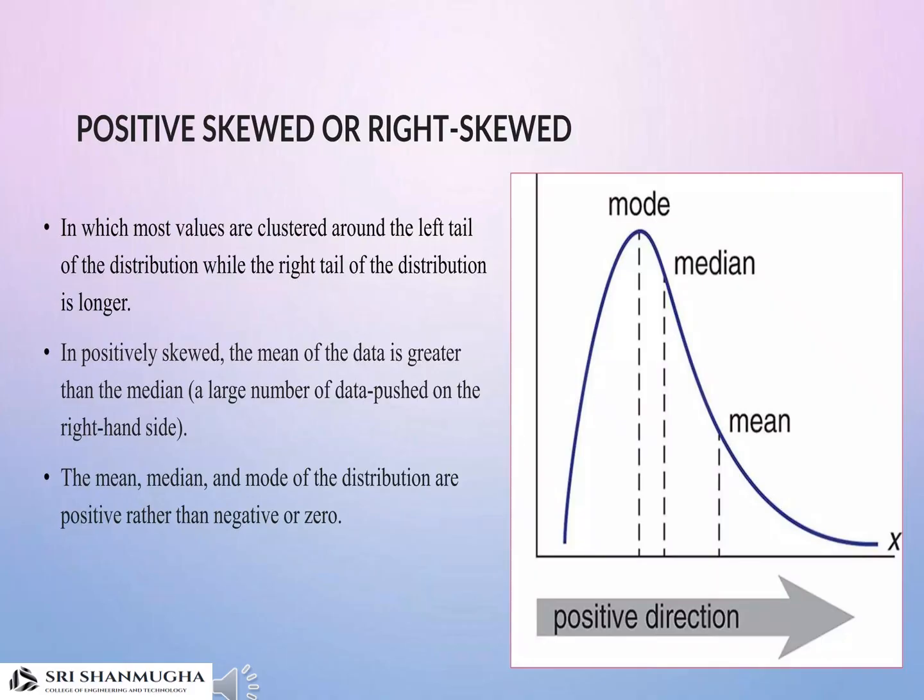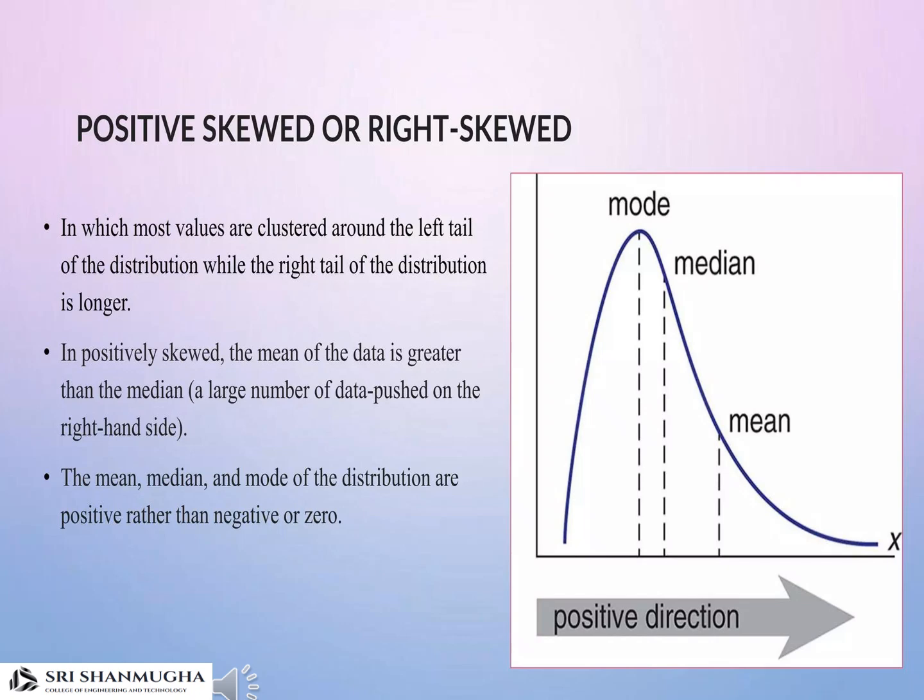The mean is sensitive to extreme values. A few large values on the right pull the mean upward, while the median stays closer to where most data points are. Some real world examples. There are many real world examples, I'm giving a few: income distribution, house prices, exam scores on a tough test, website visit duration.